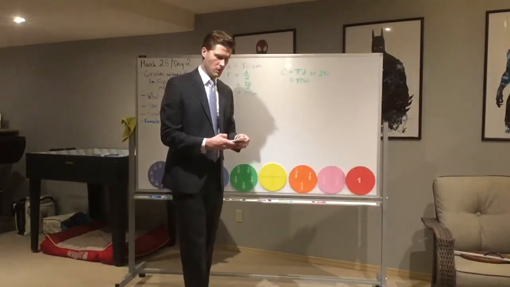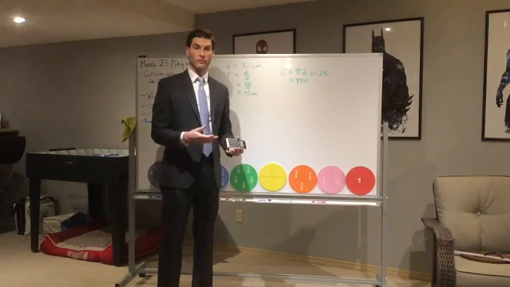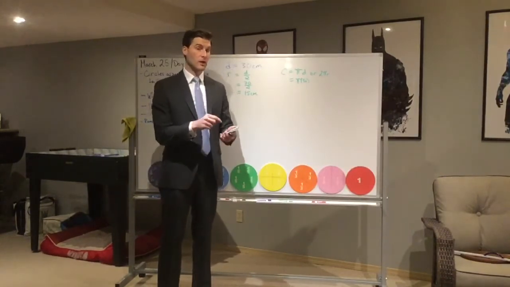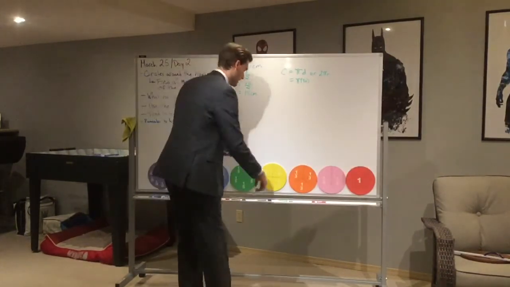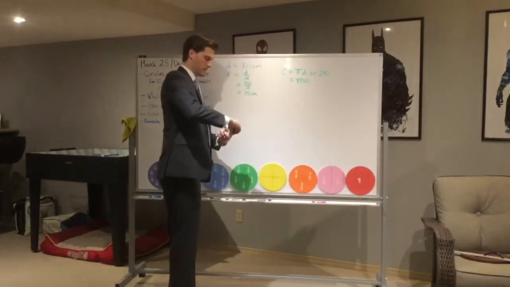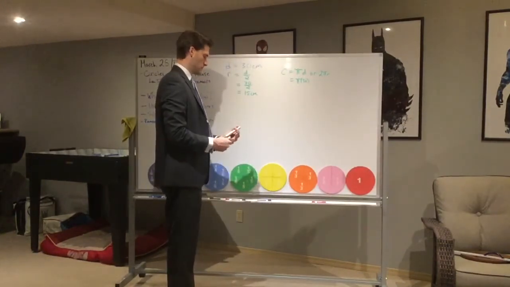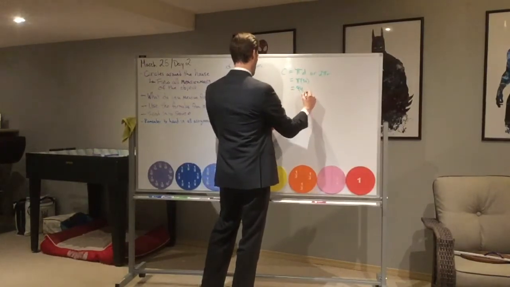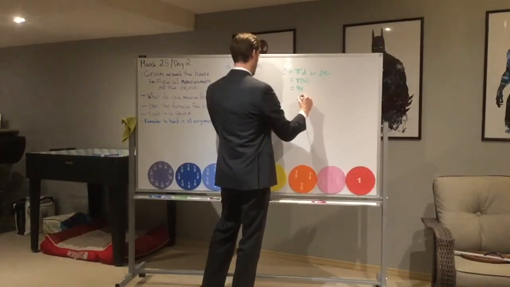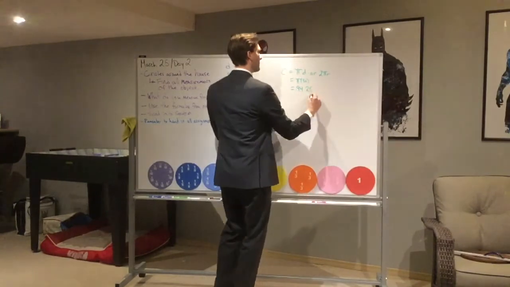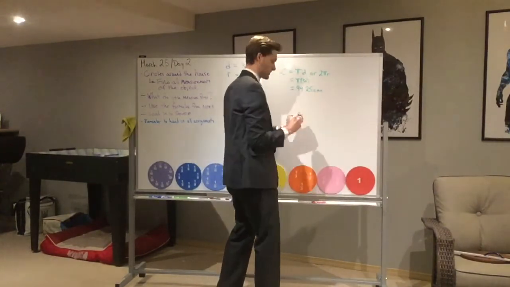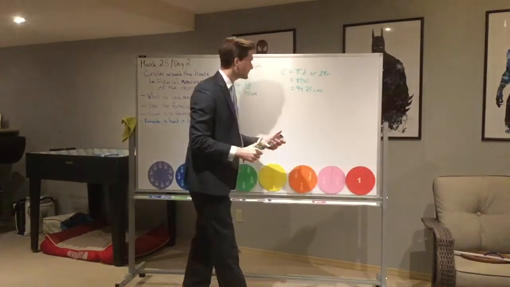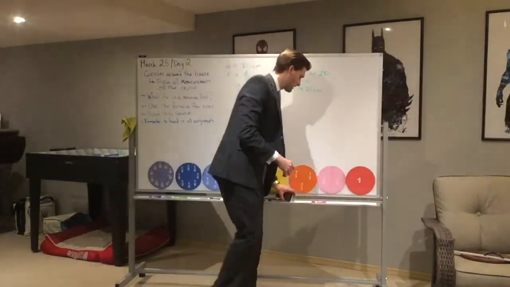I don't want to say times 3.14 because it's not as exact, so if you have a pi button on your calculator, make sure you press that. And I got 94.25 centimeters. So that is the circumference of our circle.